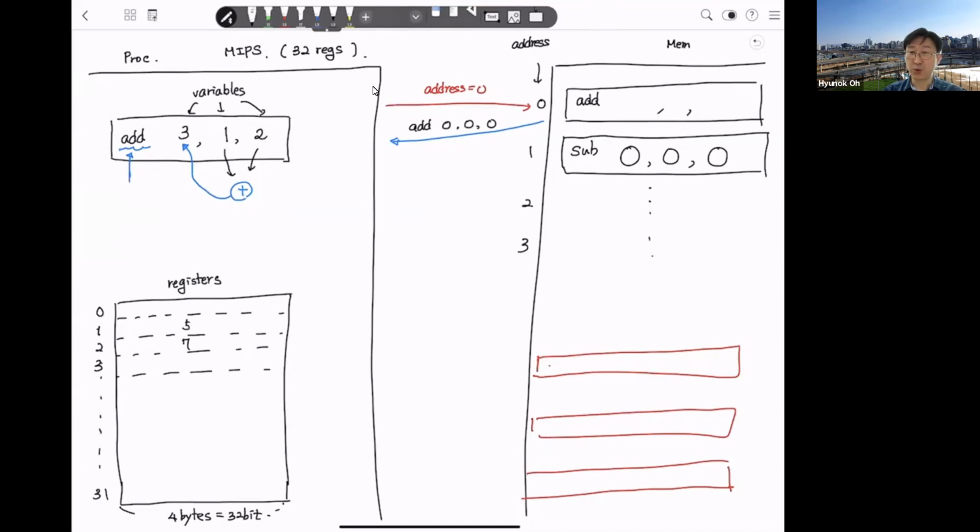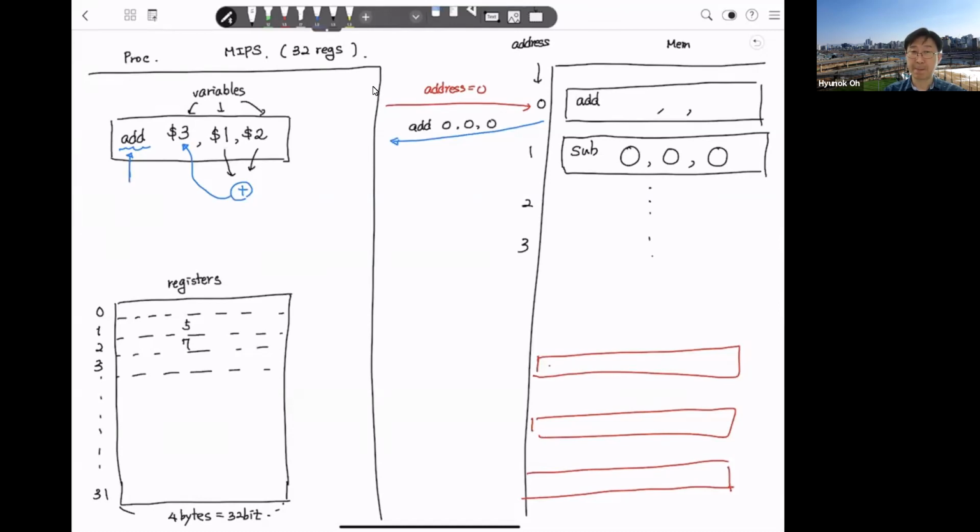So add 3, 1, 2 means we are reading data from register 1 and register 2, doing the addition, and storing the result into register 3. To specify the register index, we use a special symbol in MIPS, which is the dollar sign. So $1, $2, $3: $1 is register 1, $2 is register 2, $3 is register 3.